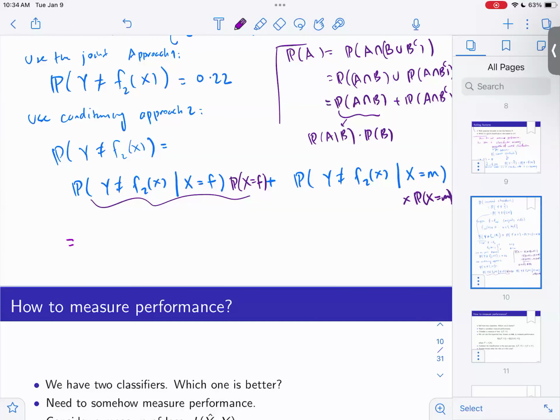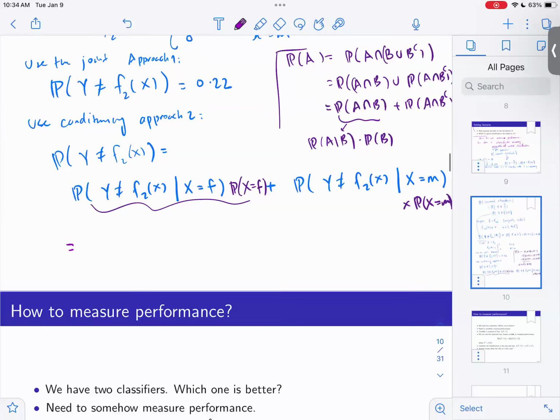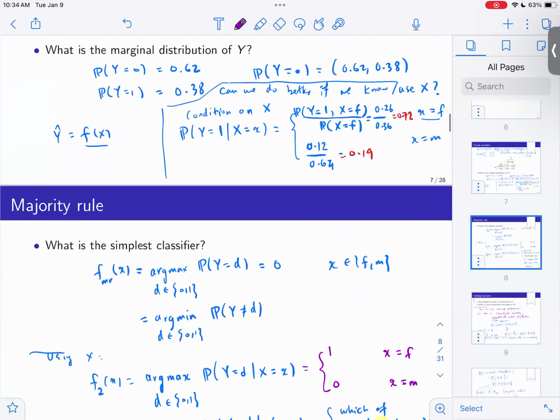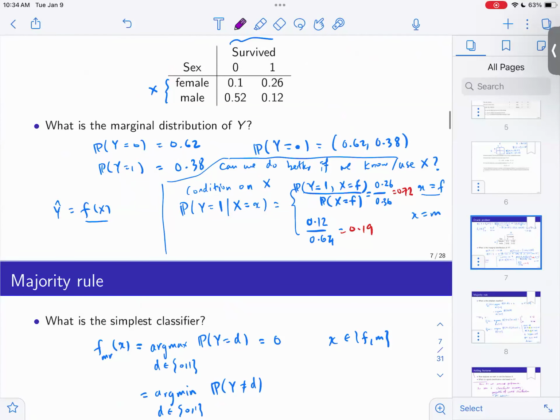So now, I think we can calculate this from the table, right? And we did this before, somewhere here. X being f is 0.36. The other one is 0.64, right?